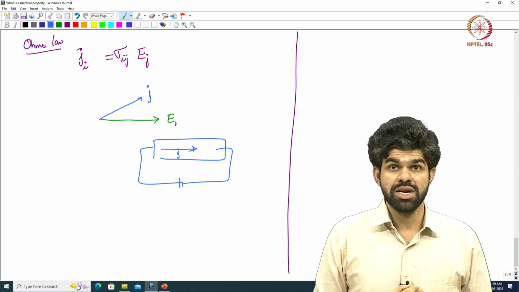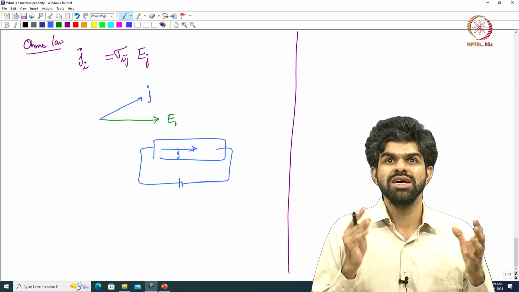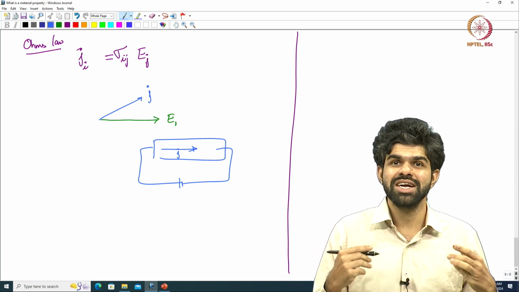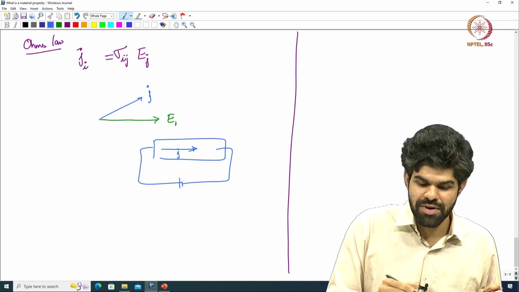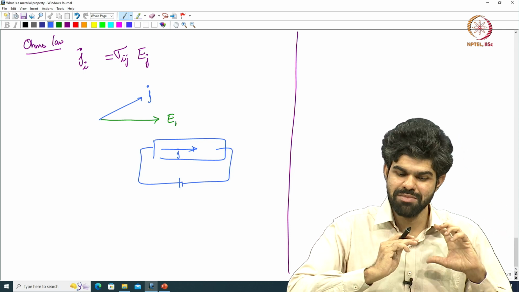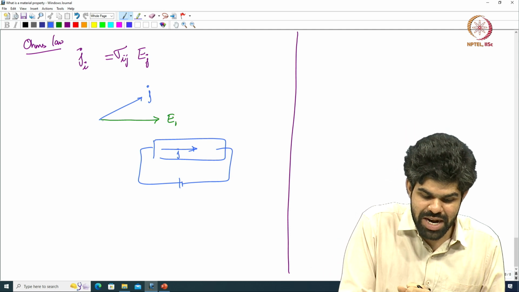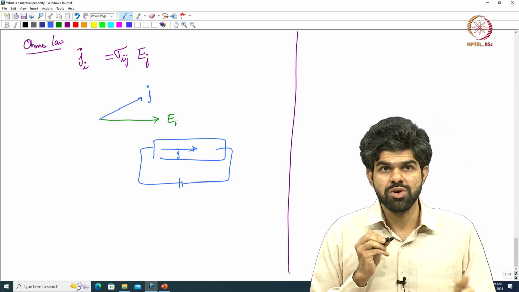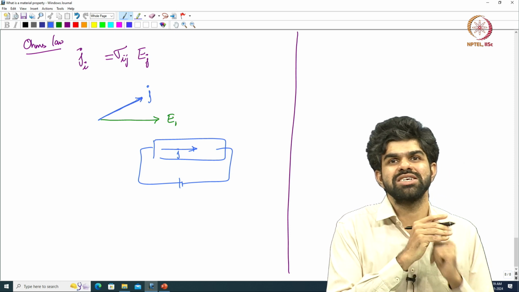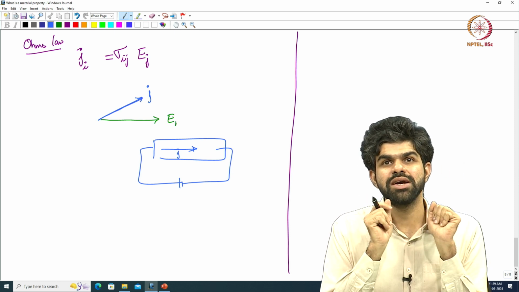But it turns out that is not necessarily the case, because sigma is actually a tensorial quantity, a second rank tensor. So I can have the components of sigma in such a way that if I apply an electric field in this horizontal direction, I can have a response which is current in this direction. So it is not impossible.